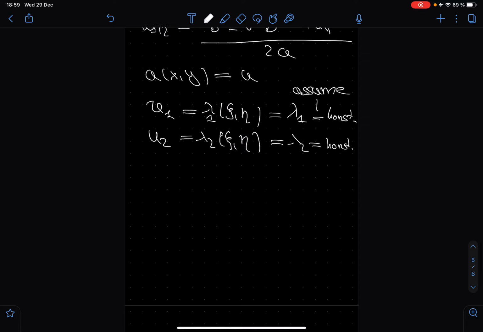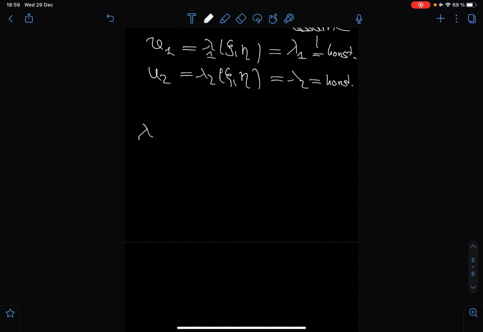What does that mean? Our lambda 1 has to be equal to u1. So our u has to fulfill this in order to vanish.